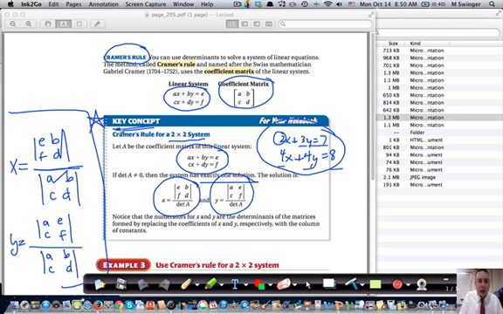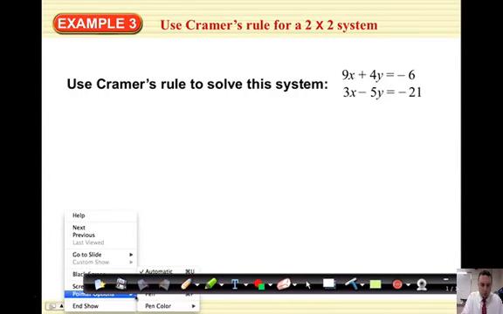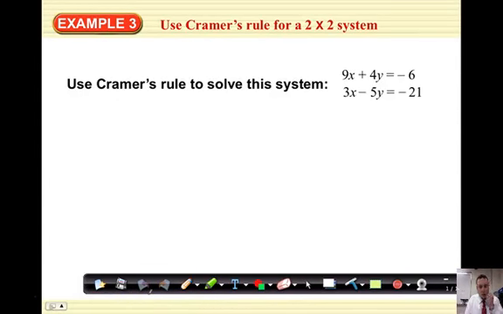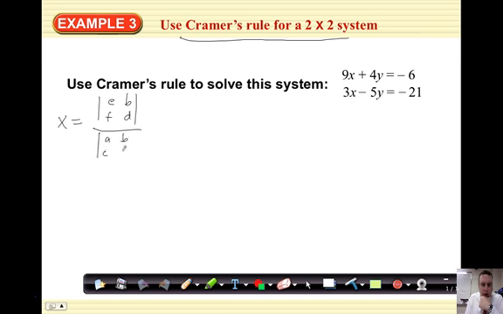Let's use this pattern right here to do the next problem. Alright, so if we want to use Cramer's rule, we have to remember x is equal to the determinant of EBFD over A, B, C, D. You just got to remember where those letters are in here.